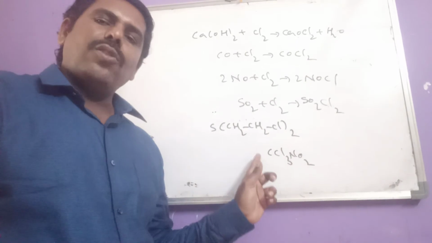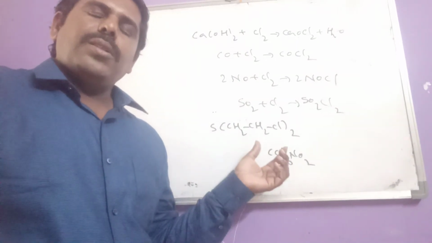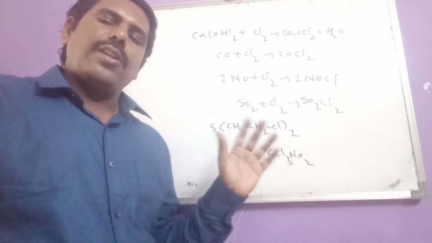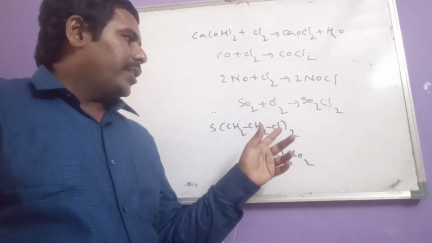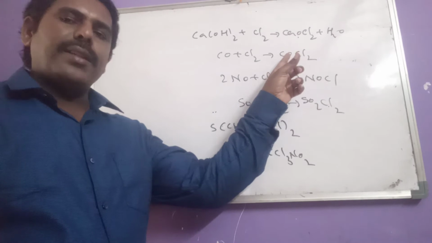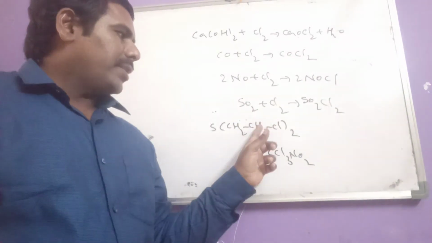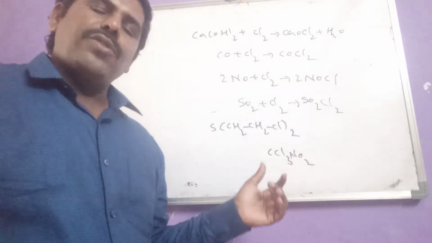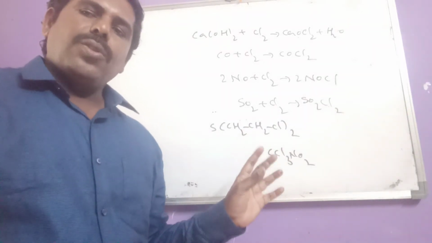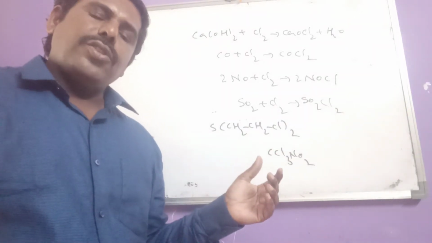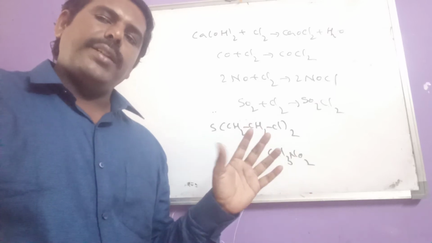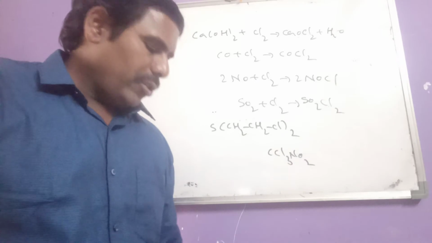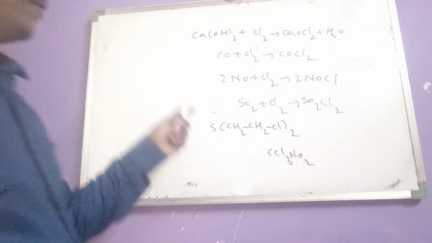CCl3NO2, nitrochloroform. Chlorine is also used in the preparation of bleaching powder, and in the preparation of poisonous gases like phosgene, mustard gas and tear gas. And chlorine is also used in the extraction of gold. So these are the uses of chlorine.